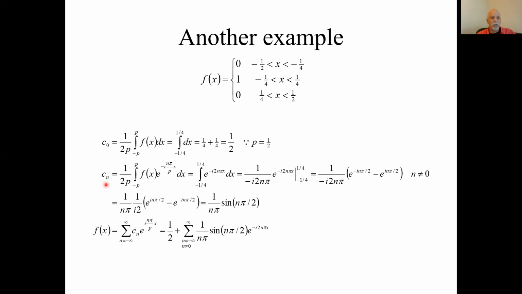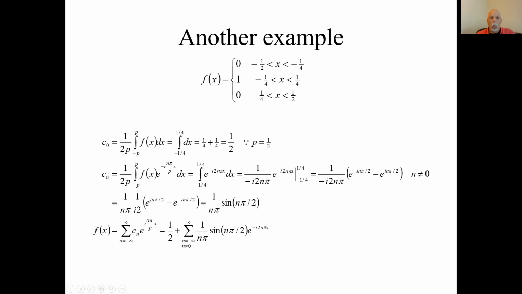Here, I'll do this c sub n first. And here's the formula for the Fourier coefficients. So if P is 1/2, I'm just going to integrate from -1/2 to 1/2, right? So I put my limits of -1/2. Nope. This is a sloppy mistake, a sloppy mistake that many students make.